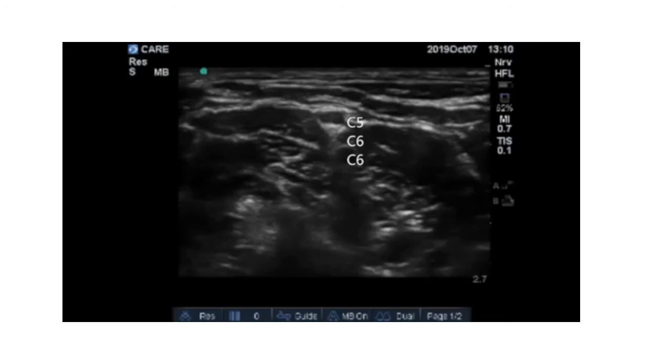And then you use a needle lateral to medial, and then hydrodissect the superior trunk.